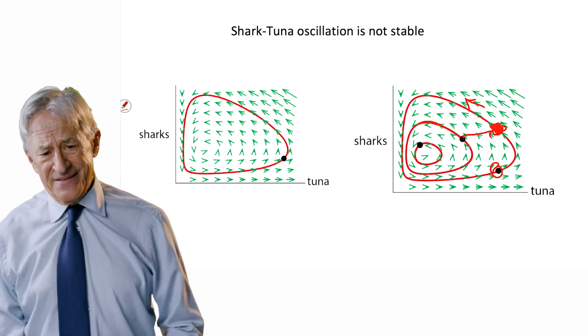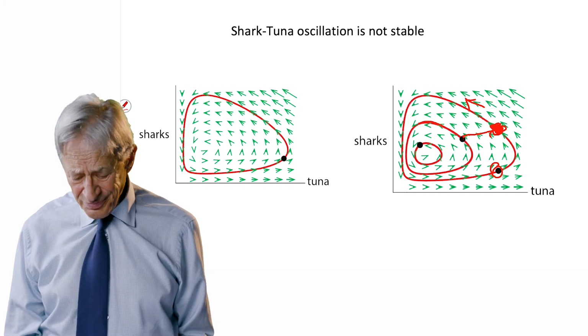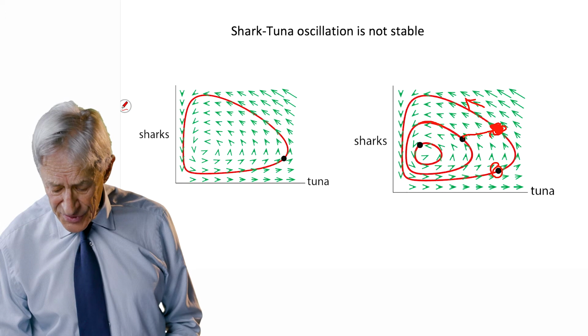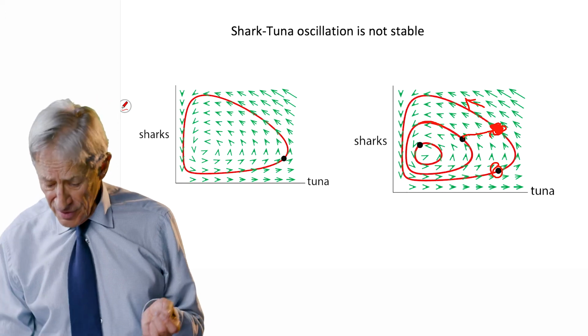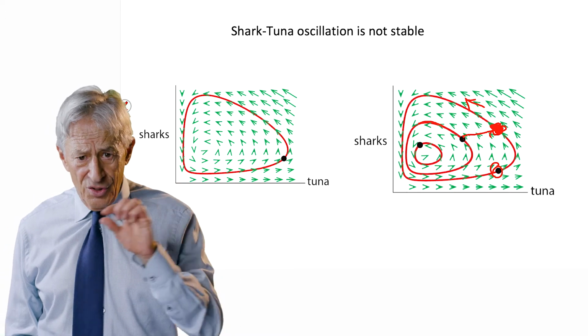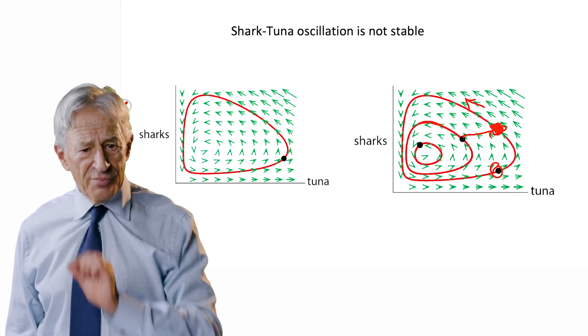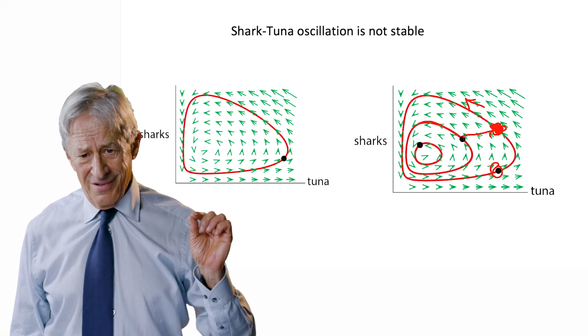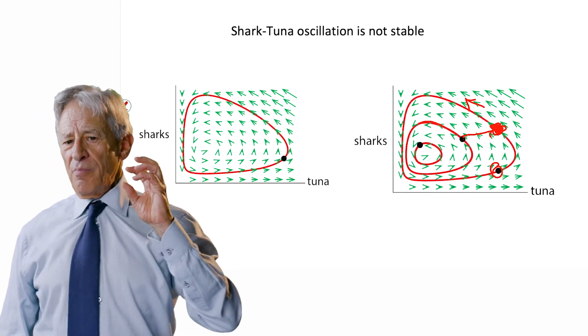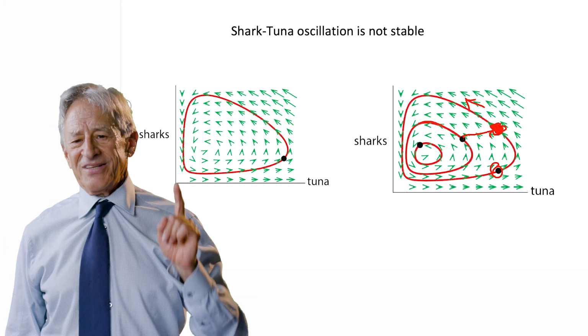If this was body temperature and it was oscillating and you had a fever that moved you to a higher temperature, you don't want to stay at that higher temperature forever. You want to be able to go back to the baseline oscillation.